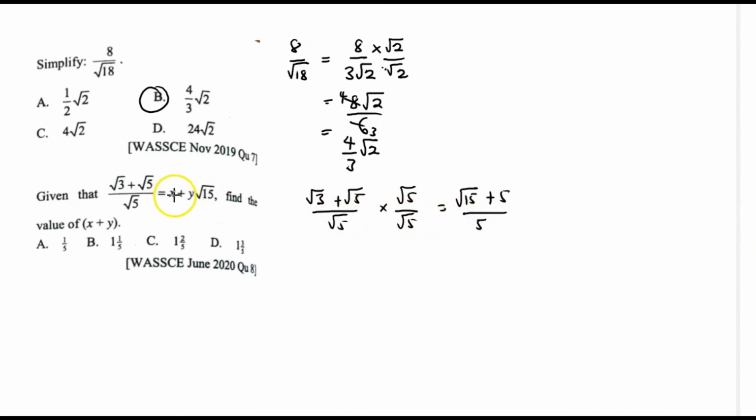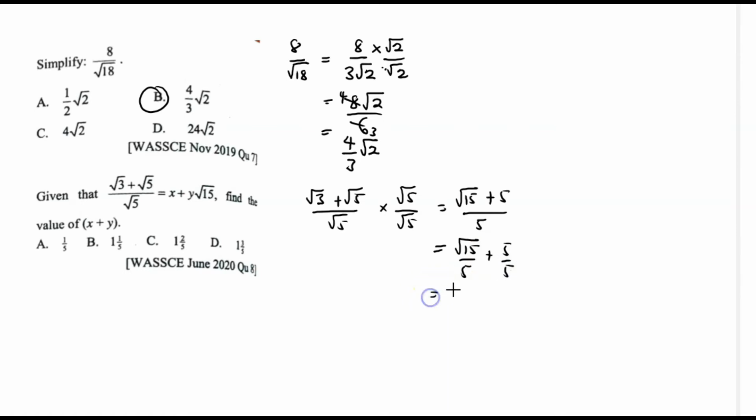Now, because the solution we are looking for is two separate terms, there is a need for us to split our root of 15 plus 5 all over 5 into two separate terms. So we'll have root of 15 divided by 5 plus 5 on 5.